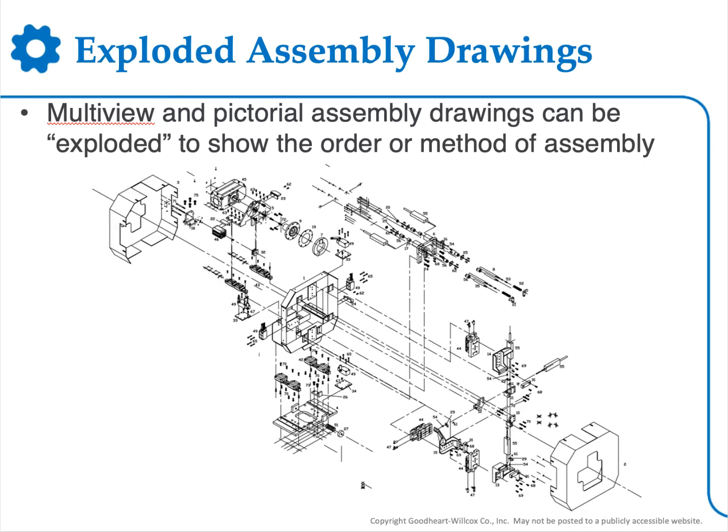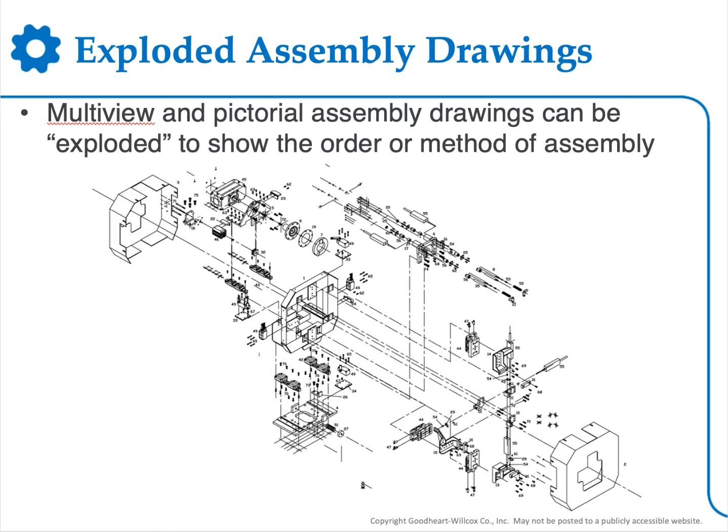Extremely cluttered, tough sometimes to interpret. It takes a little bit of time to get familiar with this and be able to accurately work with this type of drawing. But it is the type that you see more and more.